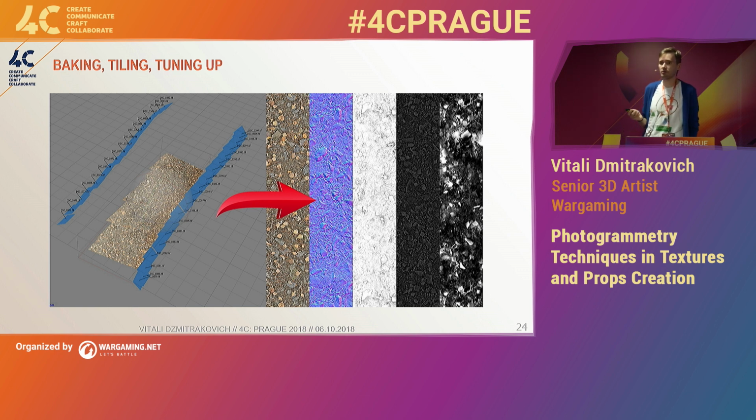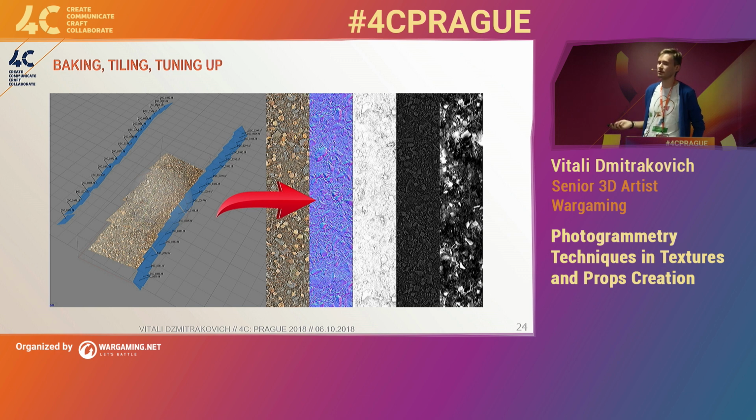And here you can use any software you want. We use in general XNormal, but it can be Algorithmic products, Substance Painter, Substance Designer, Maya, Max, any product that you have at hand. And it's the same for the tiling textures.